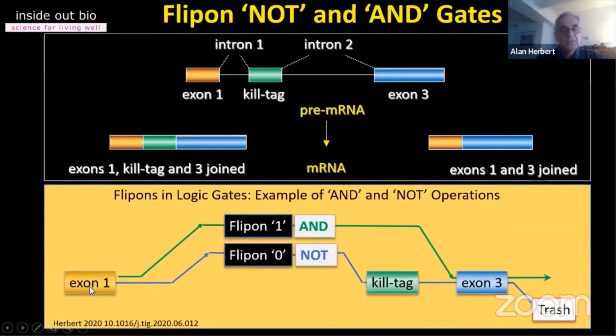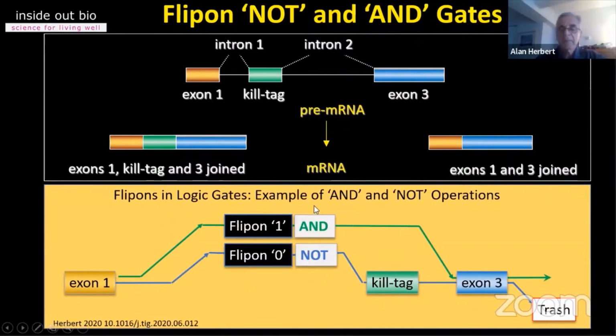So if you join exon 1 to the kill tag and then to exon 3, that RNA will automatically be trashed. So you have a NOT gate. So any RNA that has this kill tag will get destroyed. On the other hand, if you have exon 1 connected to exon 3 directly, then that acts as an AND gate.